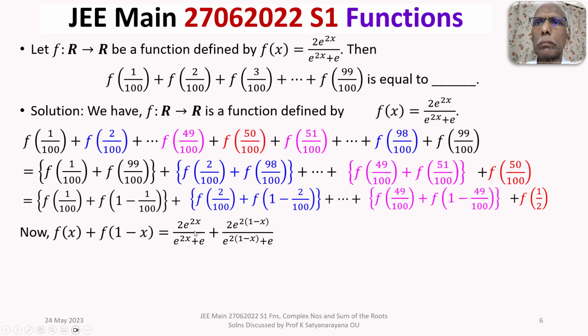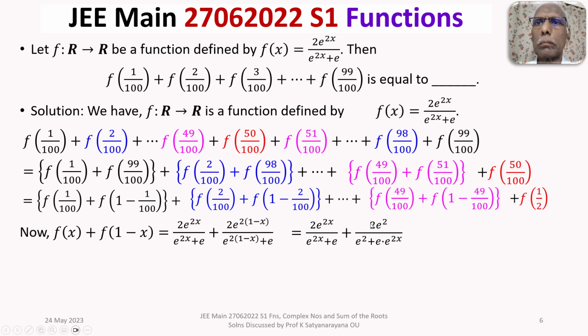Now write the first term as it is, and in the case of the second term multiply both numerator and denominator by e to the power of 2x. When you multiply by e to the power of 2x, the numerator will be 2 into e square, and the denominator will be e square plus e into e power 2x.